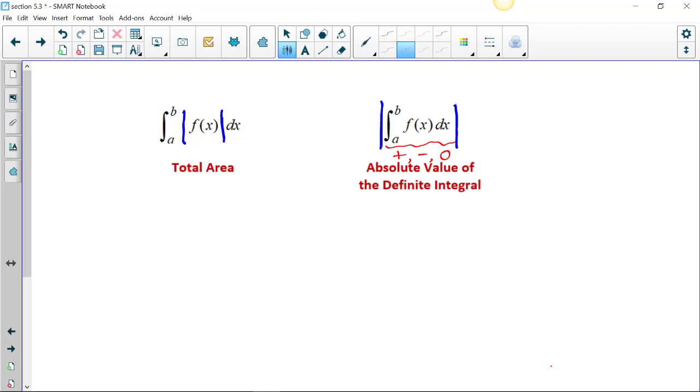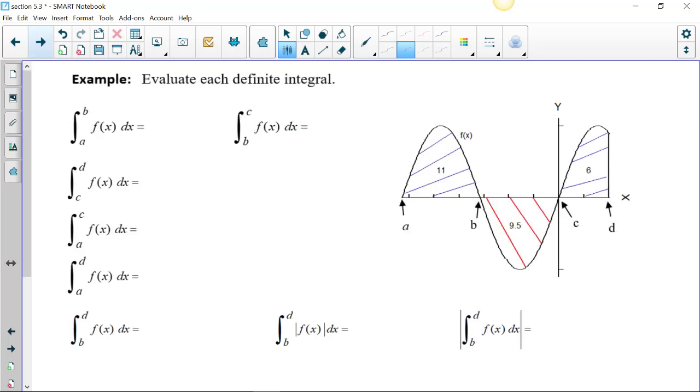Absolute value of a negative is positive. Or it could be 0, which is neither. Okay, so be careful of the location of the absolute value bars. Two different things. Okay, let's look at one last example here. If you would like, you might want to pause the video and give these a try on your own, see what you come up with, and then restart it and check your answers.